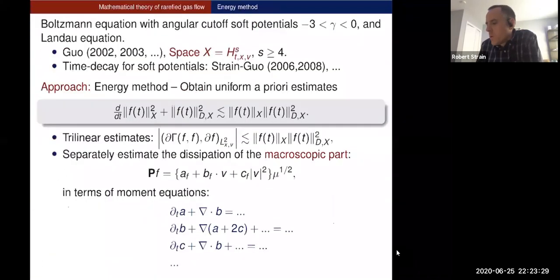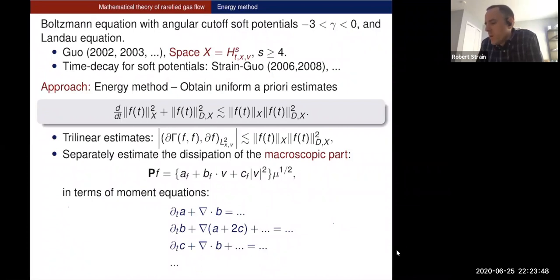Okay, so afterwards, for the Boltzmann equation with angular cutoff soft potential, so for gamma between -3 and 0 for the Boltzmann equation with angular cutoff, or for the Landau equation, Guo in 2002, 2003.